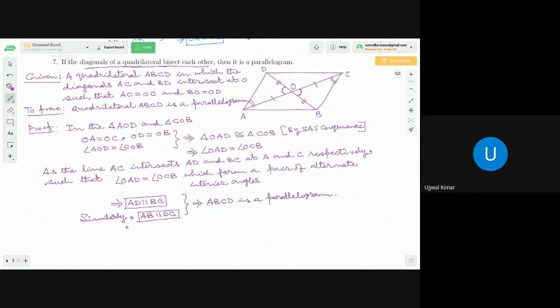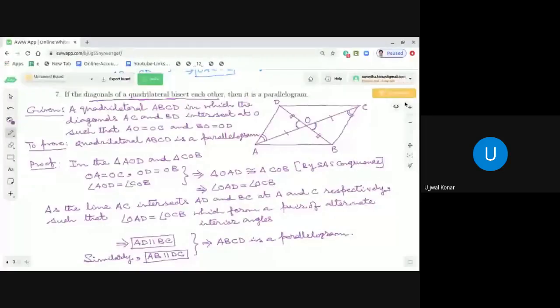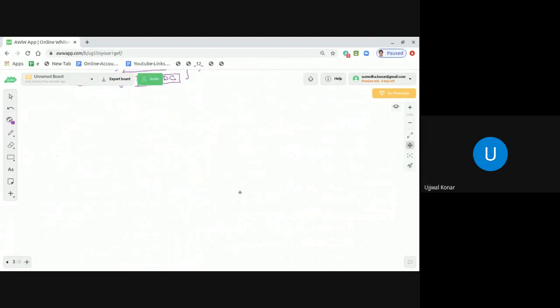No, sir. Okay, great. Now we are going to discuss the next property, and the next property is something like this. Let me write it down. A quadrilateral is a parallelogram if a pair of opposite sides is equal and parallel. Okay, that is quite a fundamental definition of a parallelogram as well, and we are going to establish that, dear students.